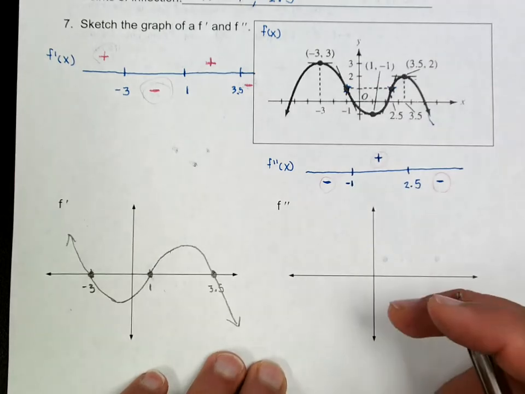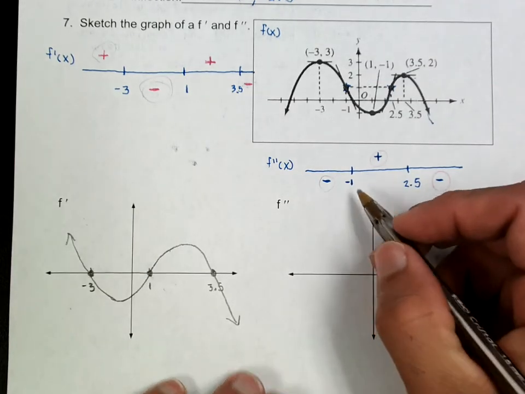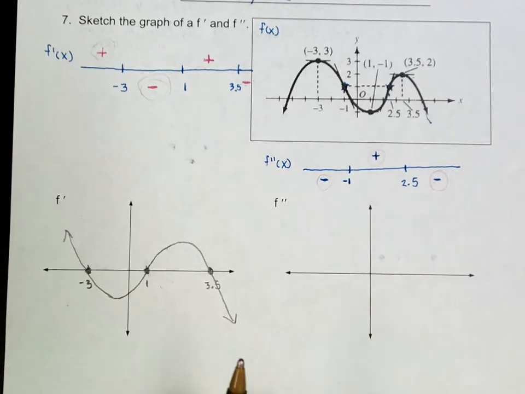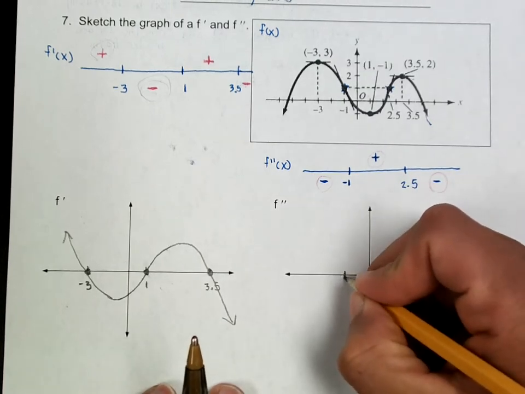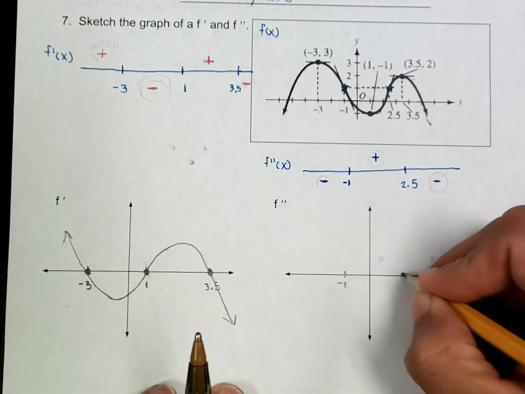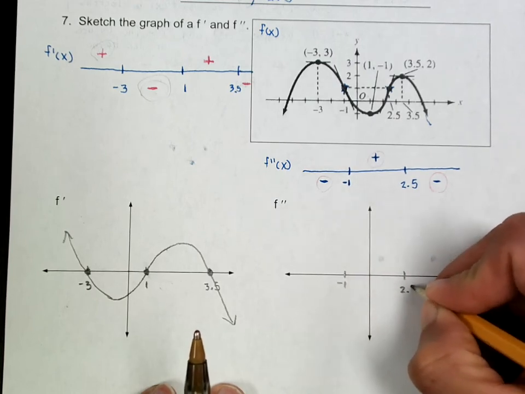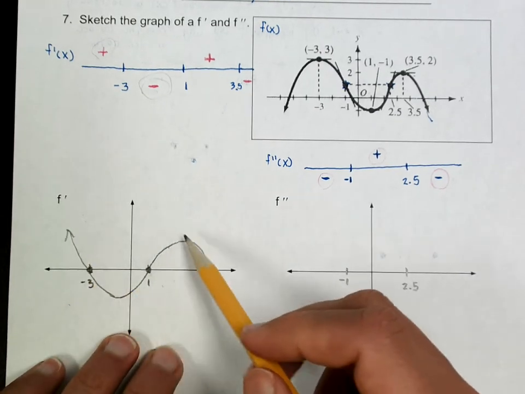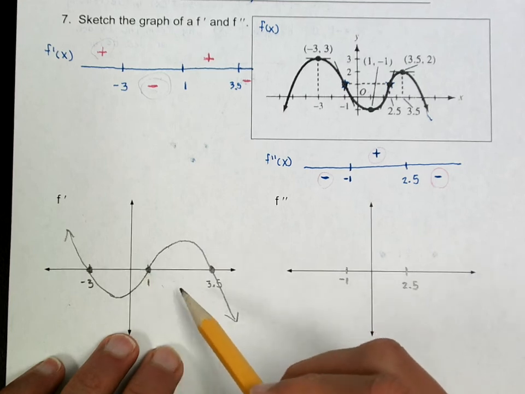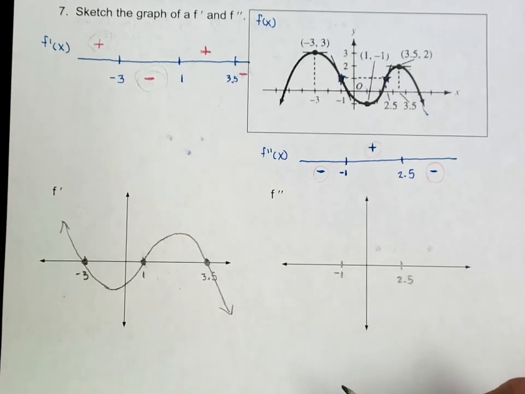What you're going to do on here is that now my points of inflection are going to be my roots. So -1, and this is 2.5. This definitely takes some getting used to, right? But think about it. Before I even draw anything, this is going to be a cubic function, since 1 degree less than that was going to make that a quadratic.